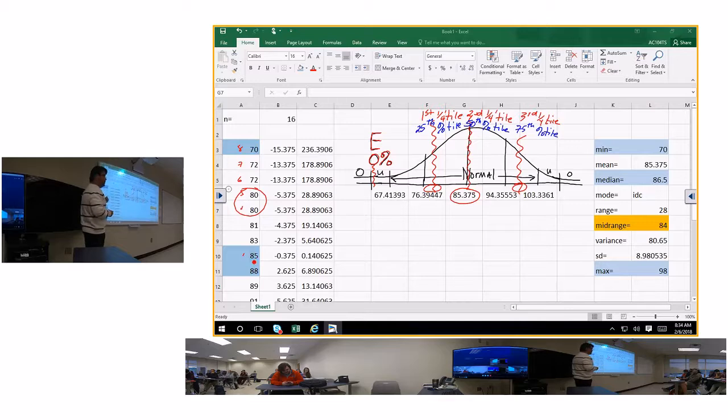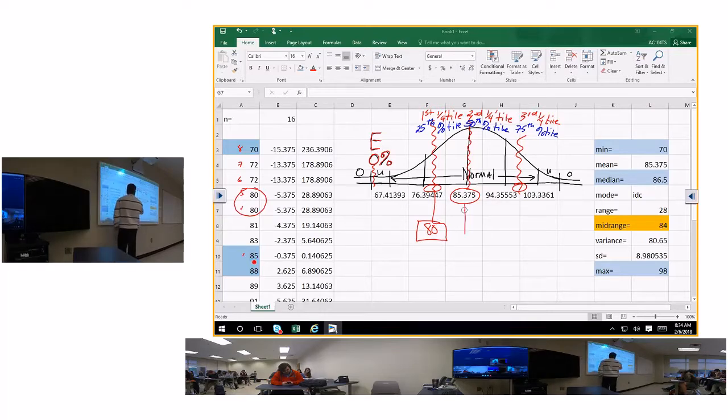Your first quartile is 80. I'm just going to put an 80 right there. That's your first quartile. Your second quartile is that right there. So 85 is your second quartile. I'm just rounding because I don't want to write all that stuff up there.